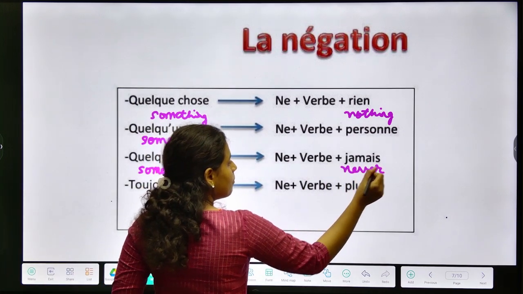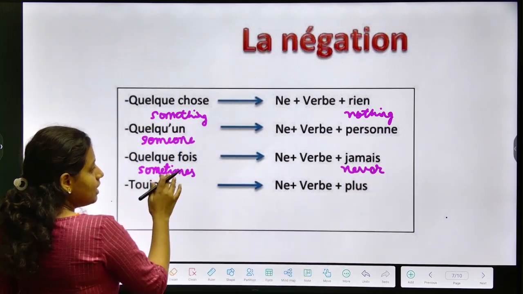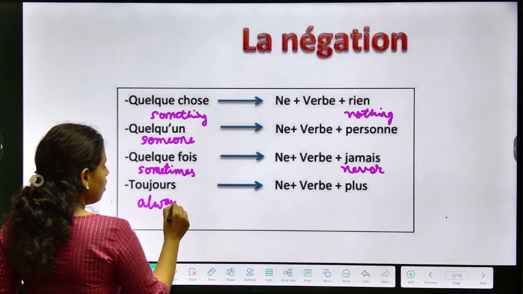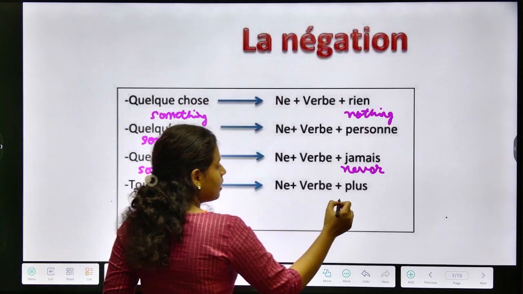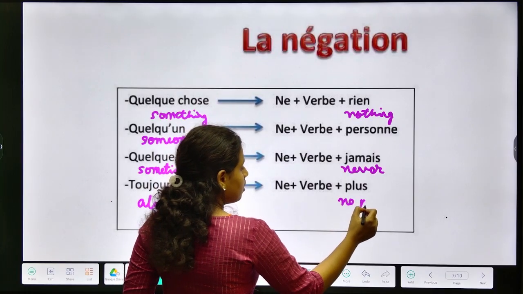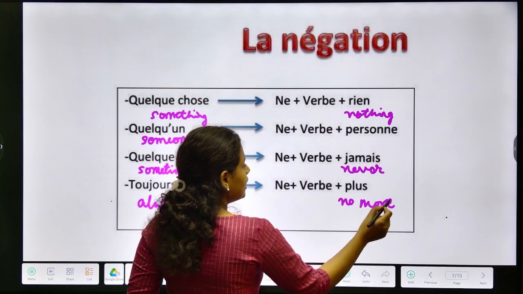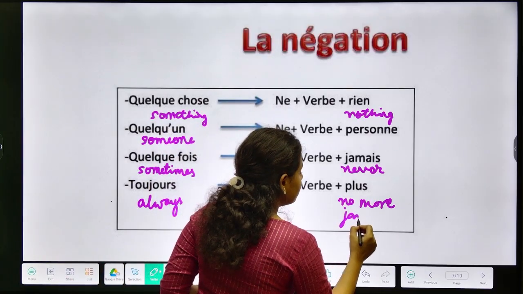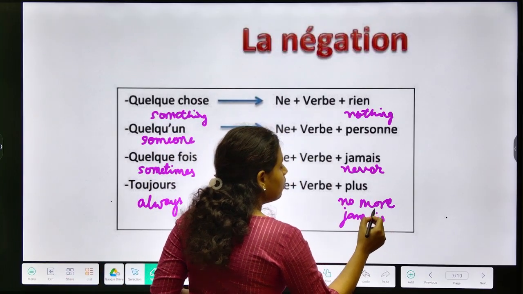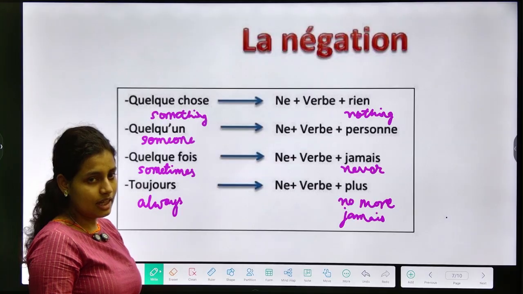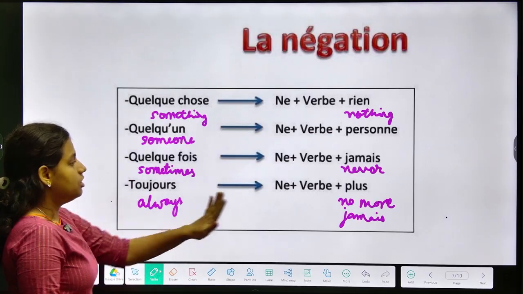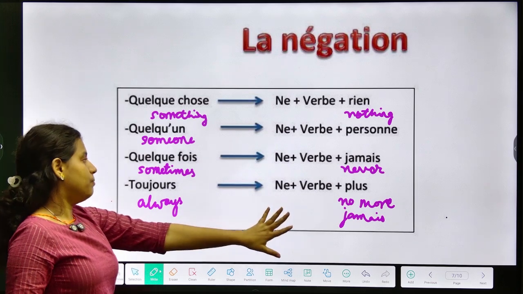Jamais is never. Then we have toujours, which means always. It becomes no more, ne plus. Or also you can negate it with jamais, that is never. I always visit the temple, I never visit the temple. So toujours changes into ne verb plus, or also ne verb jamais.